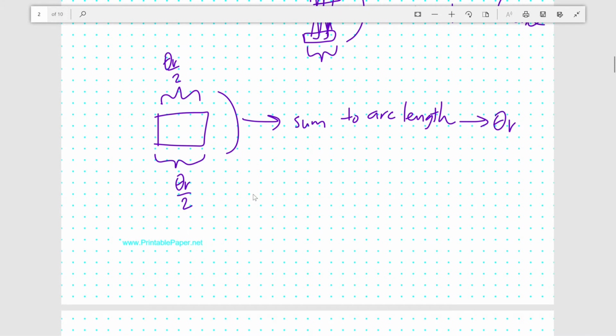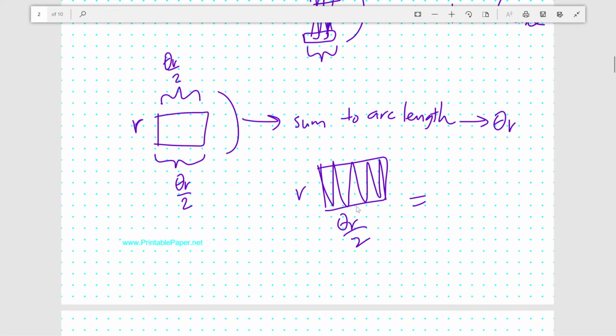And since nothing changes about the radius when we go from a circle to a sector with the same radius, if we want to get theta r squared over 2, we're assuming the radius is constant, so the radius will be the same here. So we just need to find the area of this rectangle with the side r and the long side theta r over 2 from all the slices inside this rectangle.